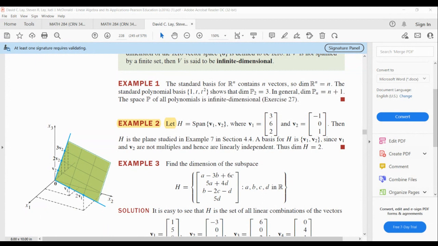Okay, so the basis for that space, since it has just two vectors, the dimension of space H is 2.